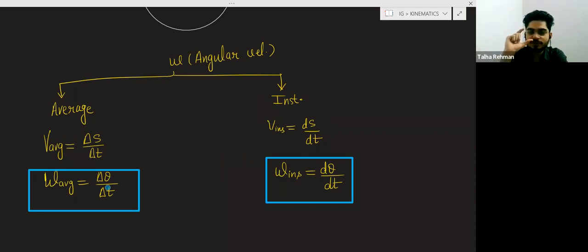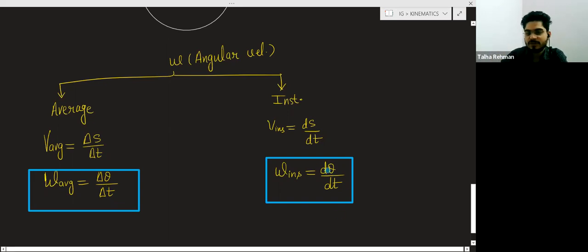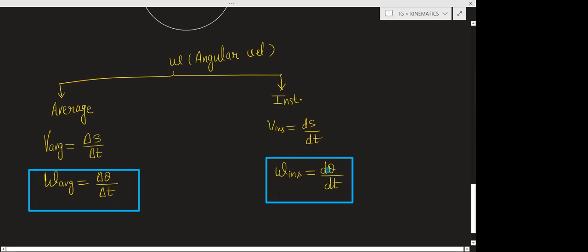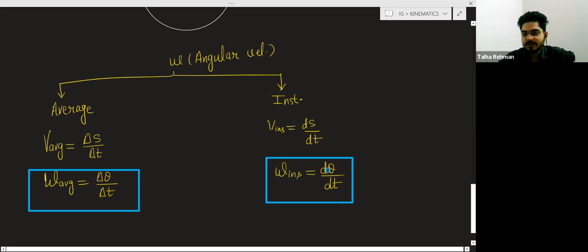For a definite period of time we use average, and for an instant of time we use this d. I have told you about angular, meaning instantaneous velocity and average velocity. Why have we used delta and why have we used d?